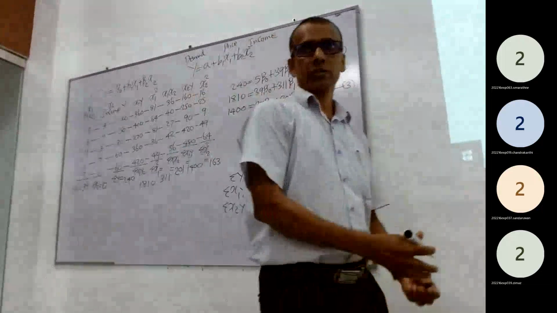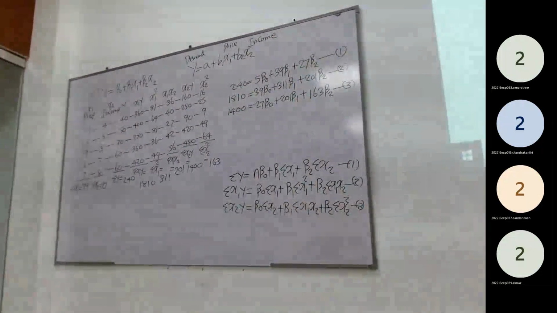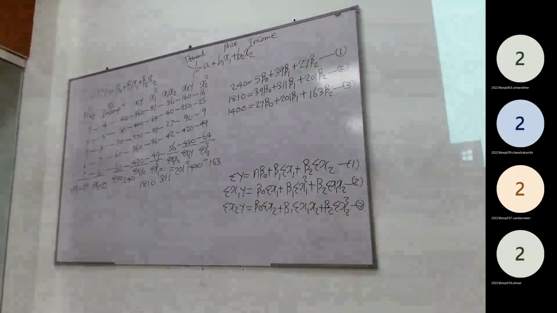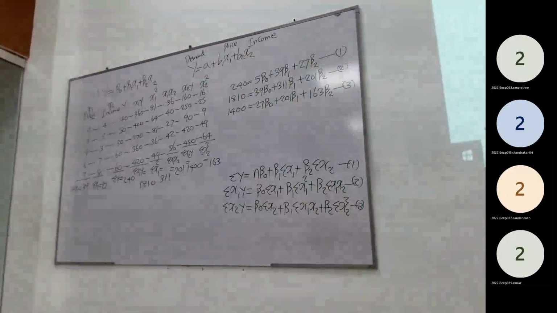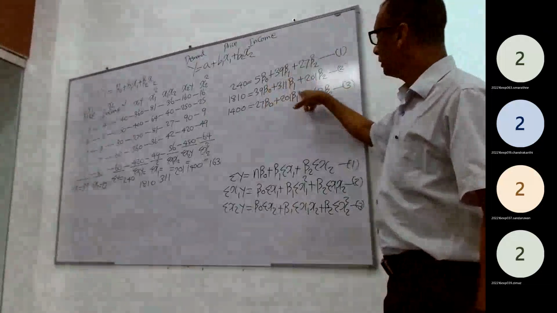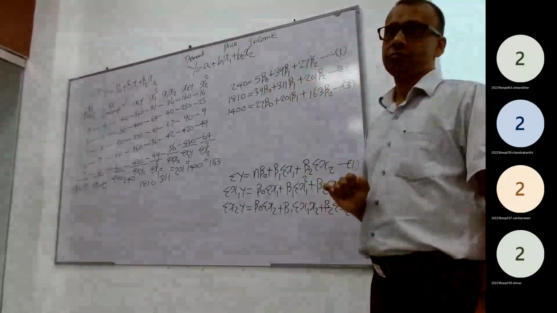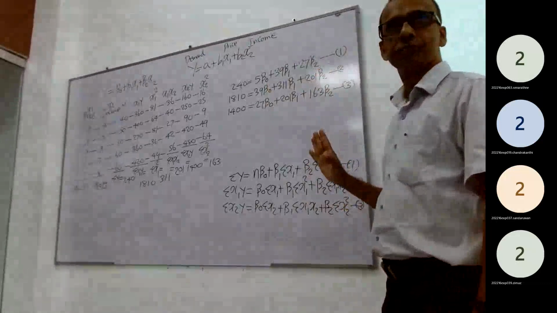Three simultaneous equations. When you solve, you can obtain beta 0, beta 1, beta 2. Then your model will be finished.